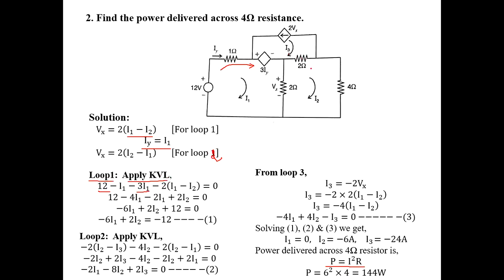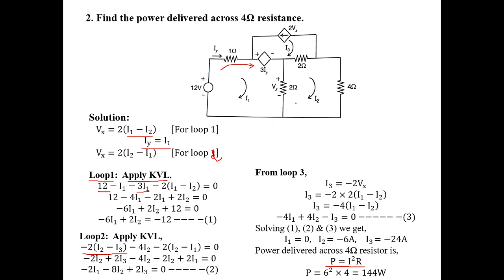Here we can write the KVL for this 2 ohm resistor using V equal to I into R, for loop 2, as 2 into I2 minus I3, with a minus sign. Next, minus 4 into I2.